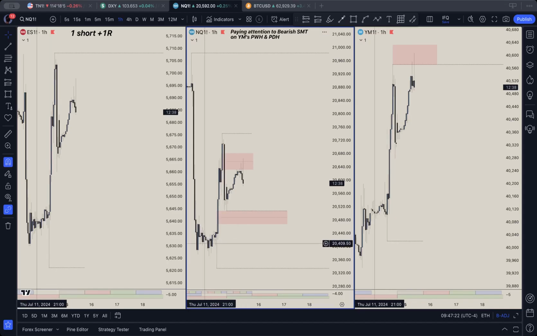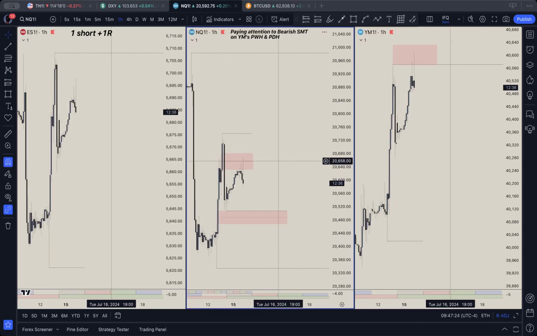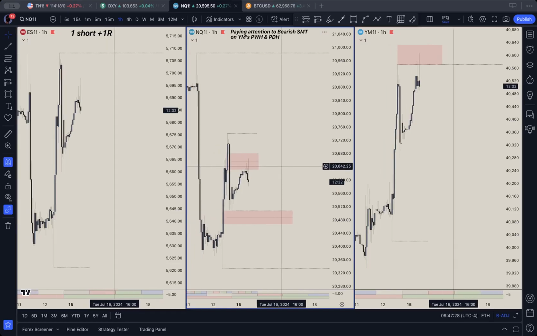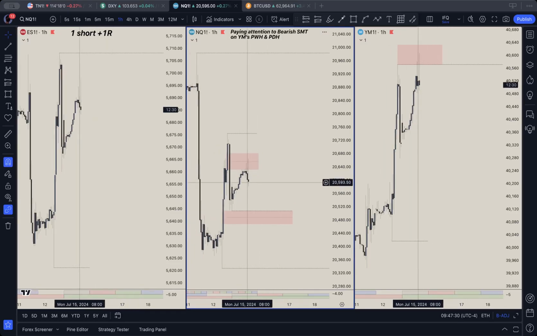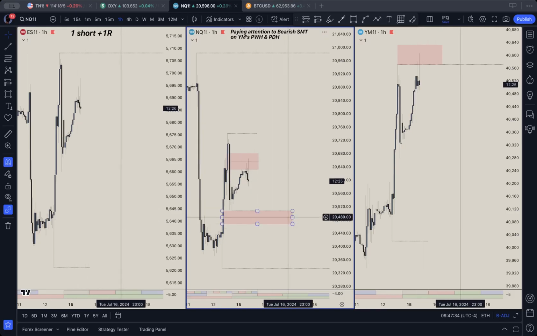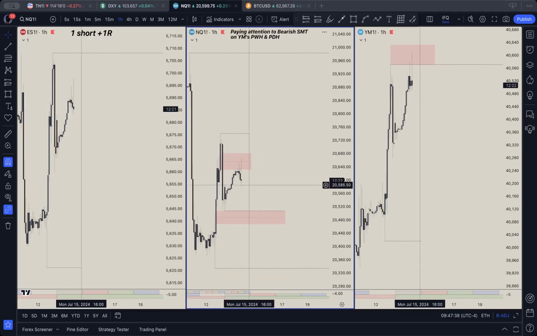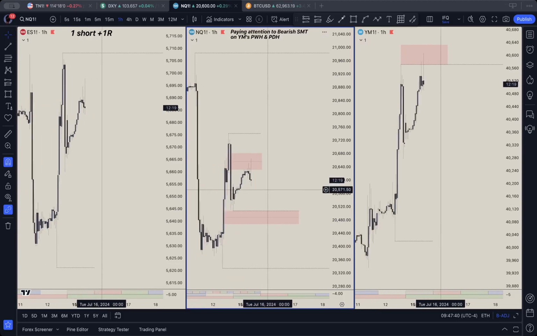And that would be my first objective for shorts. Sorry, first objective would have been that 1-minute liquidity pool. Then I guess this would be the second objective. Final objective would be that previous week low, previous day low, if we can make it that far.